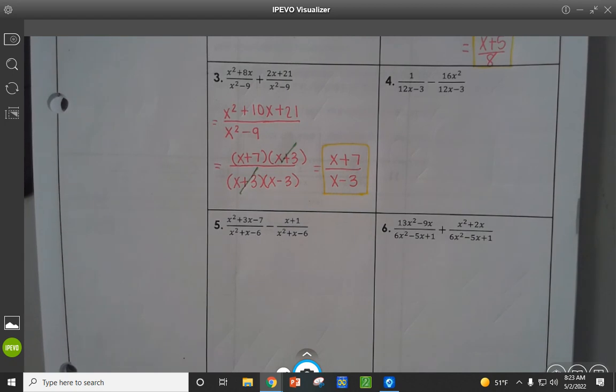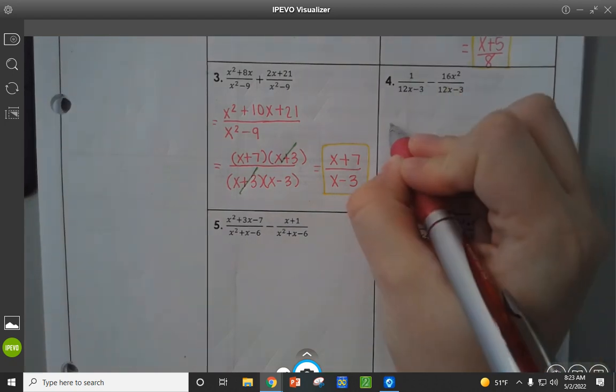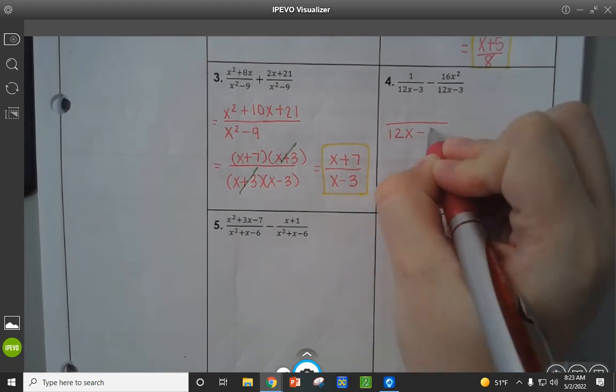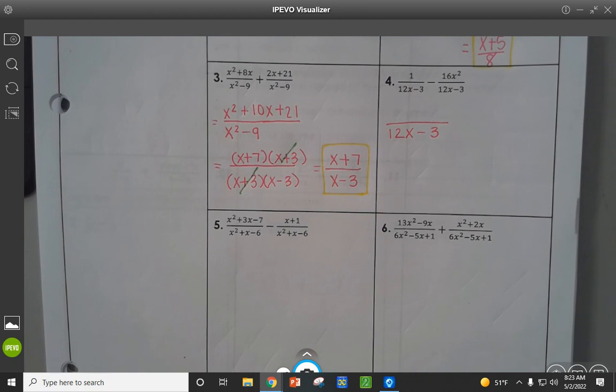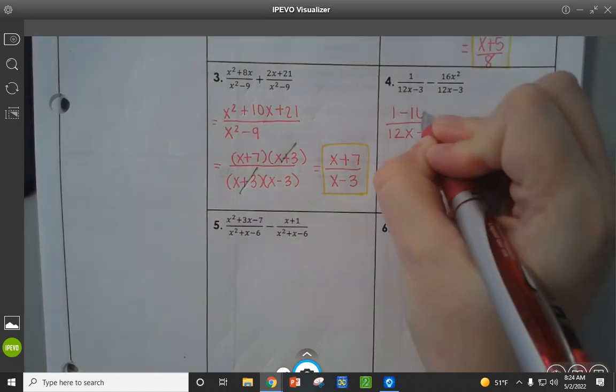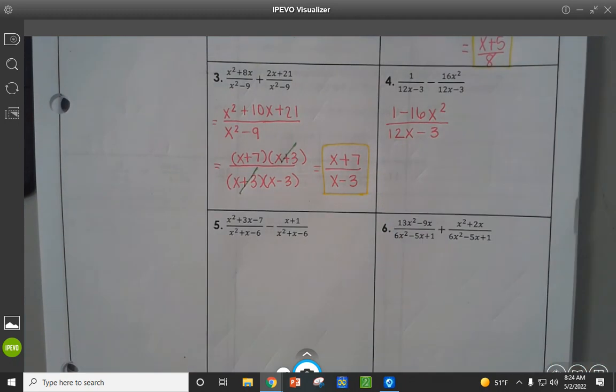Number 4, we have like bases, 12x minus 3. And the numerator is a subtraction, so it's just 1 minus 16x squared.